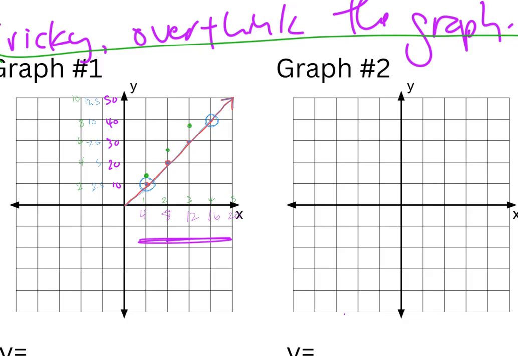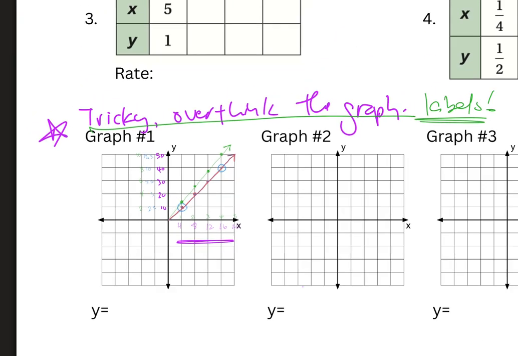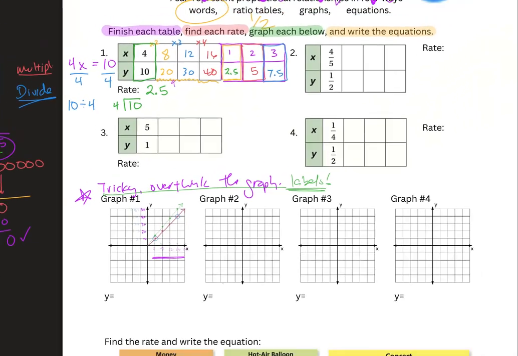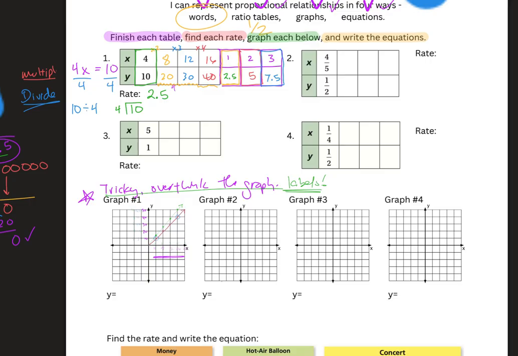That's like right there-ish. 4 slices was $10. Do you see how that is off of that line? And this is where I'm like, you could overthink it, because I'm kind of exhibiting 3 different ways we could graph the same information. So don't overthink it, is what I'm trying to say.